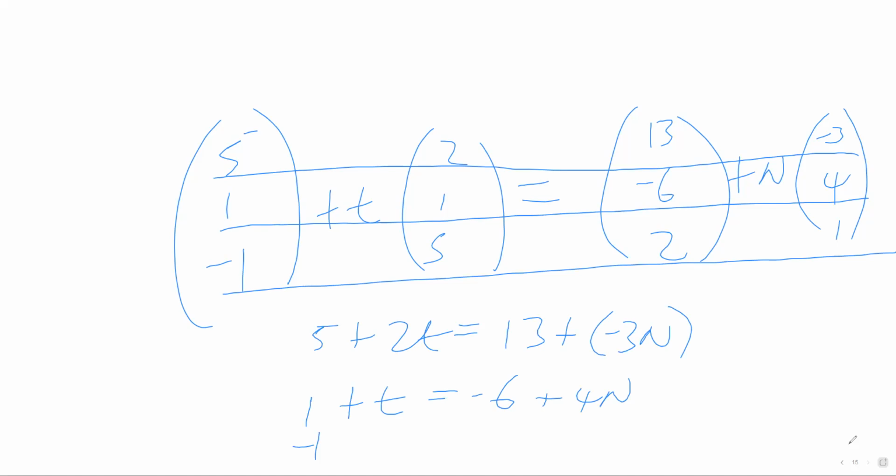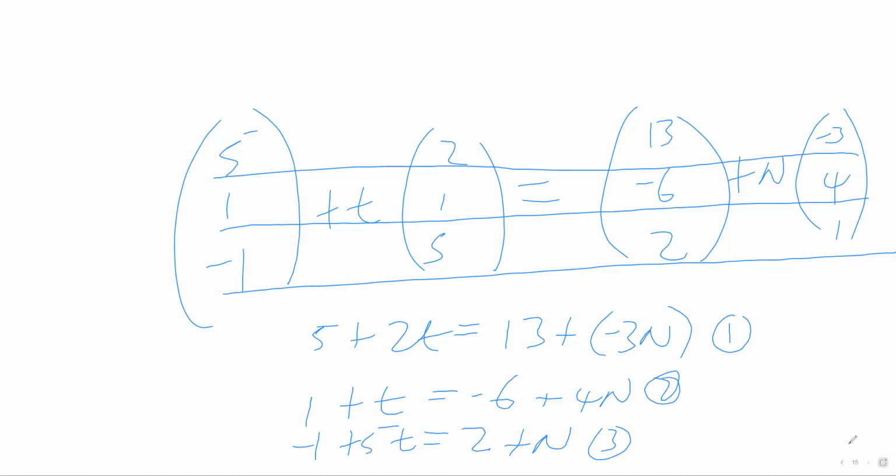The last equation is -1 plus 5t is equal to 2 plus mu. We have to solve two of the equations to find the pair of values which satisfy those two equations. That's what we can do.